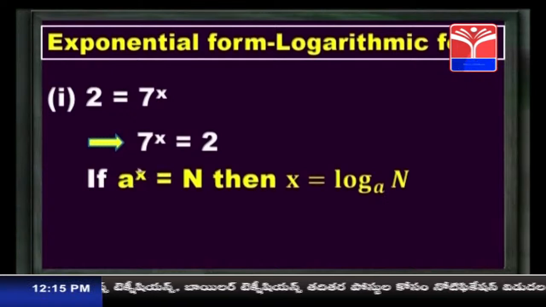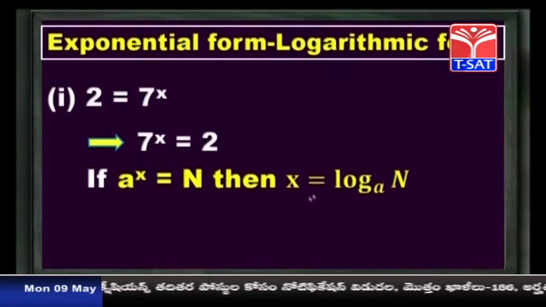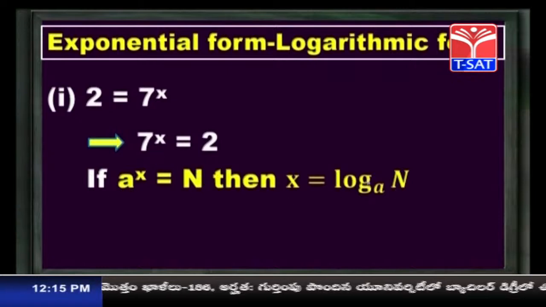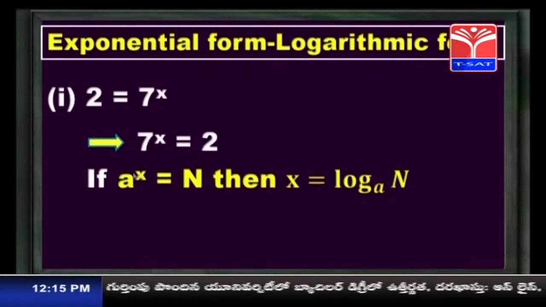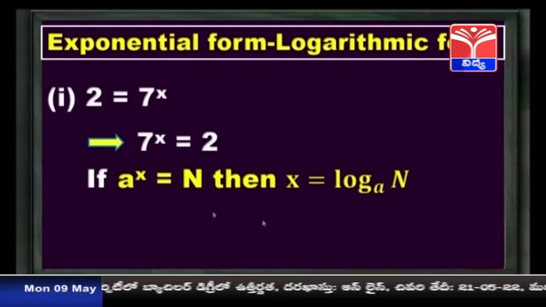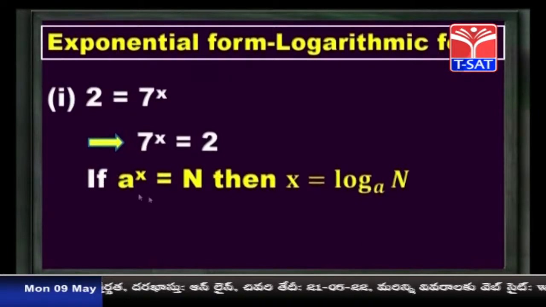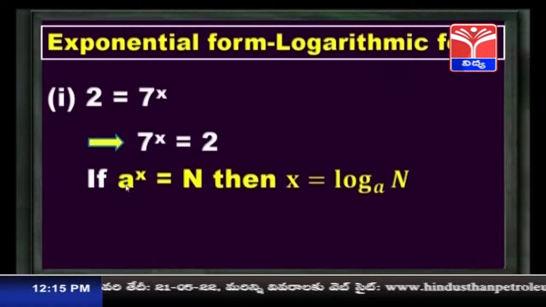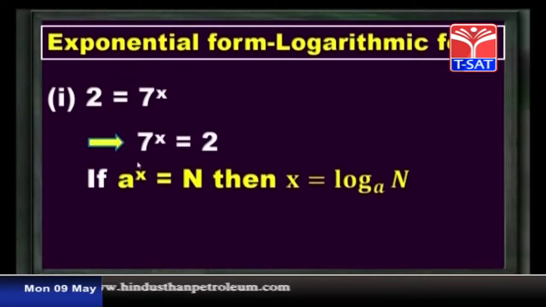Whatever the power is, the power is equal to log n, and the base a becomes the base of the logarithm. So always remember, students, a power x is equal to n means the power is equal to log n to the base a. If you observe 7 power x is equal to 2, what is the power here?